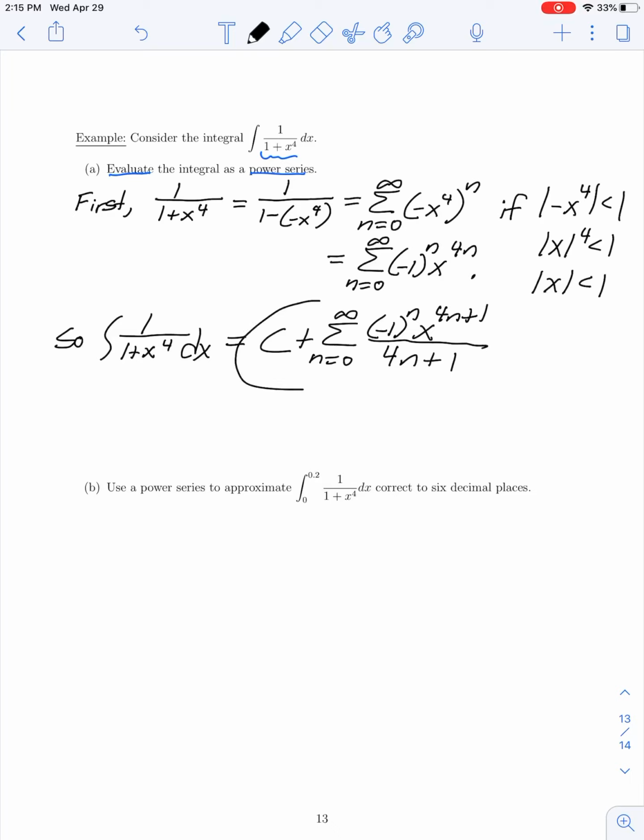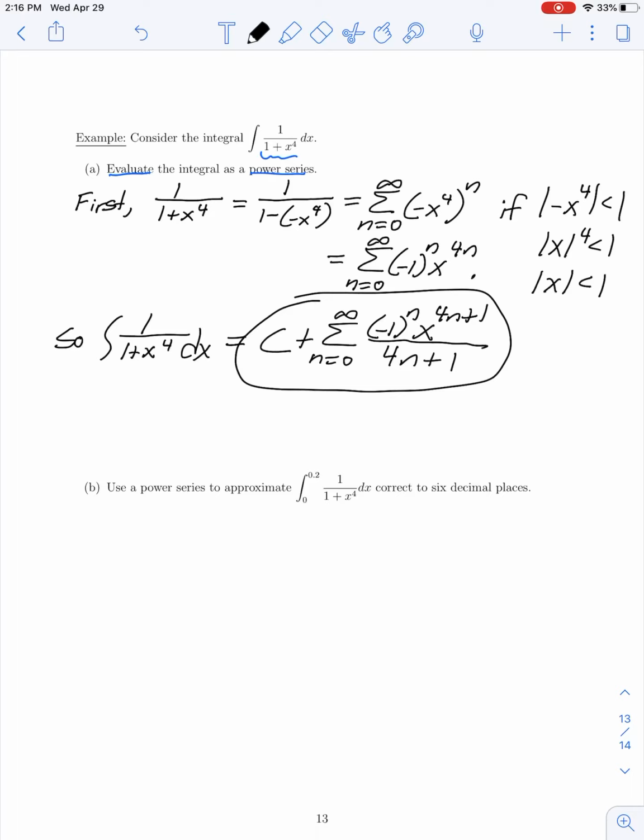So this would be an expression for that antiderivative. Since we don't know what the antiderivative is, we can't solve for our constant using some initial condition. We would have to know what the antiderivative was as a function itself.